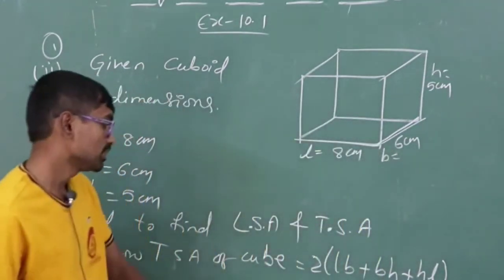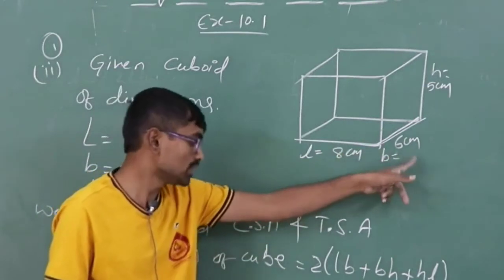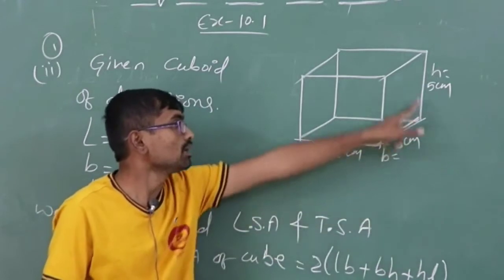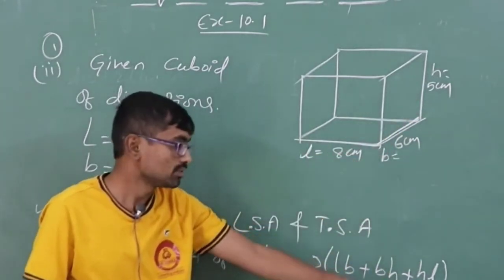Let us check one more time: LB is 8 into 6, BH is 6 into 5, HL is 5 into 8.